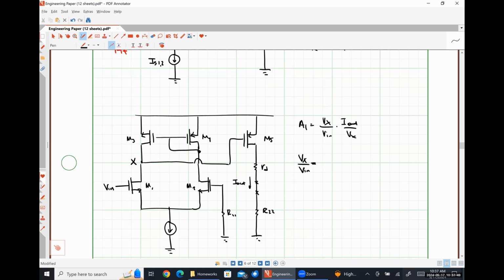We're not worried about the feedback at all yet. Right, so it's just going to change the gain to be a negative of the exact same thing that it was. Yes. So negative gm1 (ro1 in parallel with ro3).